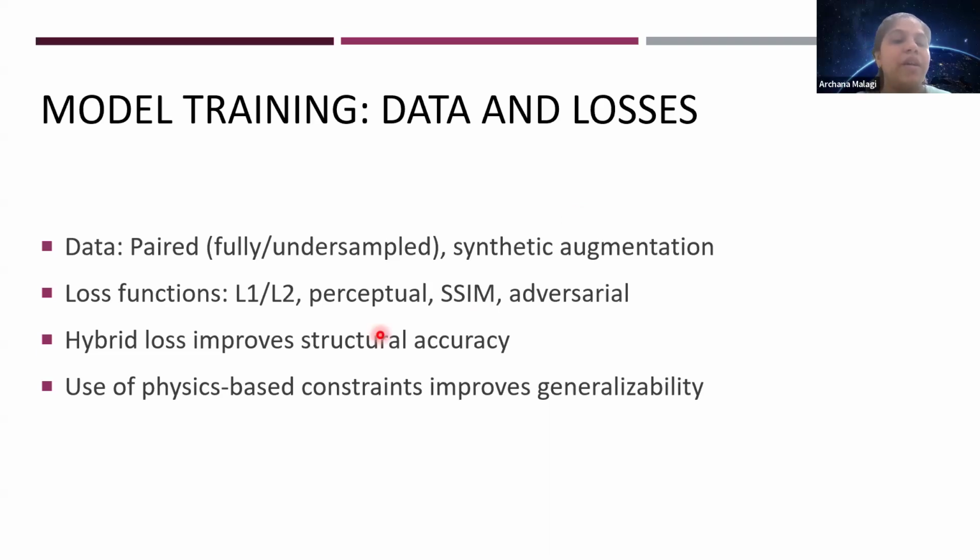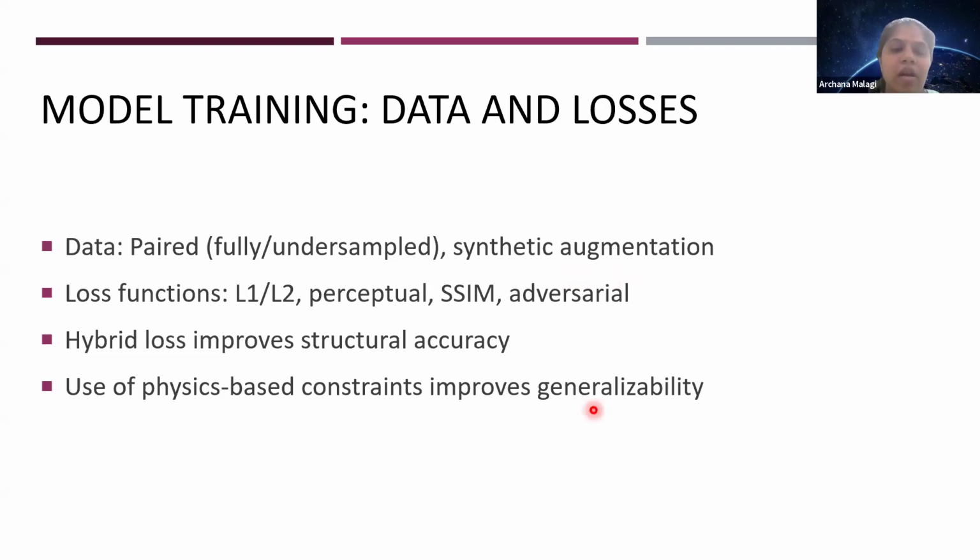And there are different loss functions which we use, like L1 norm, L2 norm, perceptual, meaning how realistic you need the images, then similarity index SSIM, and then adversarial as a loss function.